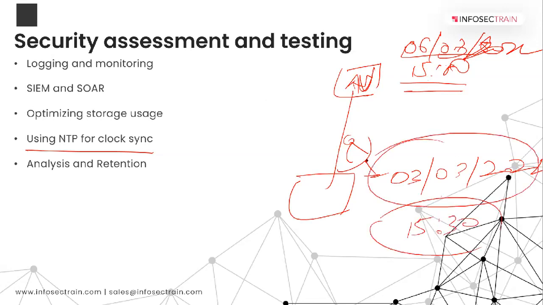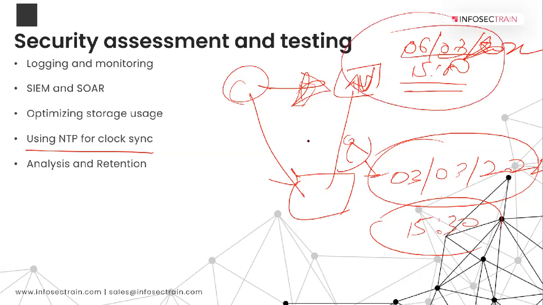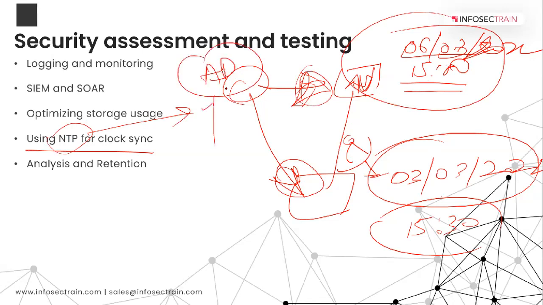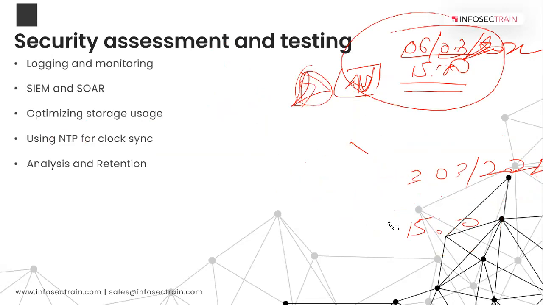Whenever you try to correlate the logs between the two, even if the incident occurs on both machines at the same time, due to the change in date and time, you won't be able to map it correctly. So that is why we use NTP, network time protocol, which gives a single time to all these machines which are synced with NTP. And generally your AD server, Active Directory server, in a Windows-based environment serves as an NTP server also.